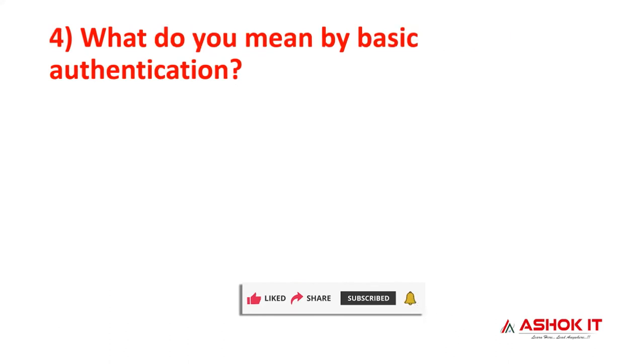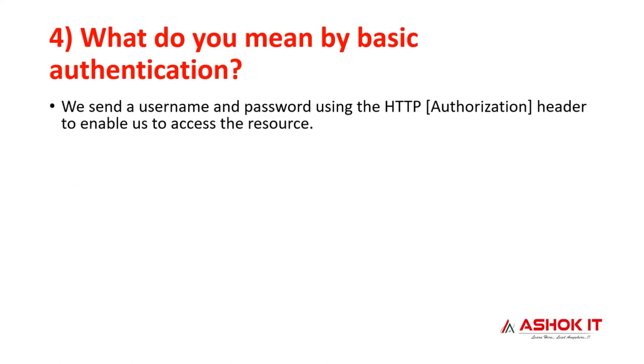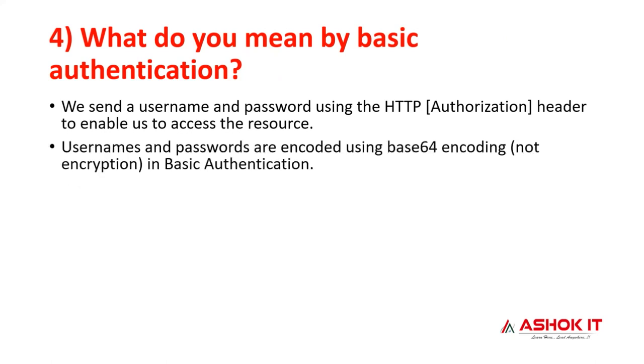Question number 4. What do you mean by basic authentication? Basic authentication is nothing but we have to send the username and password using the HTTP Authorization header. We are going to use the concept of Base64 encoding. Remember, it's not encryption. It's an encoding concept.